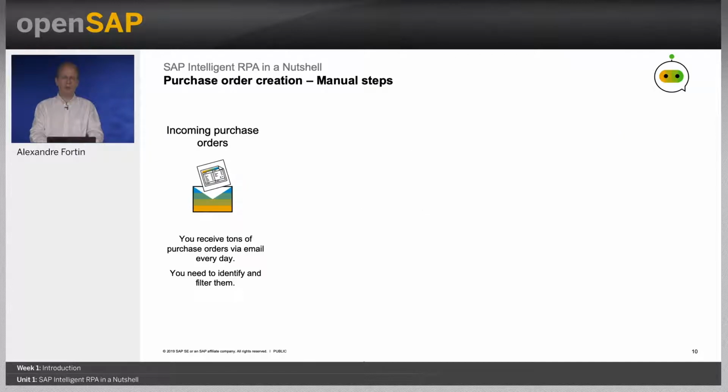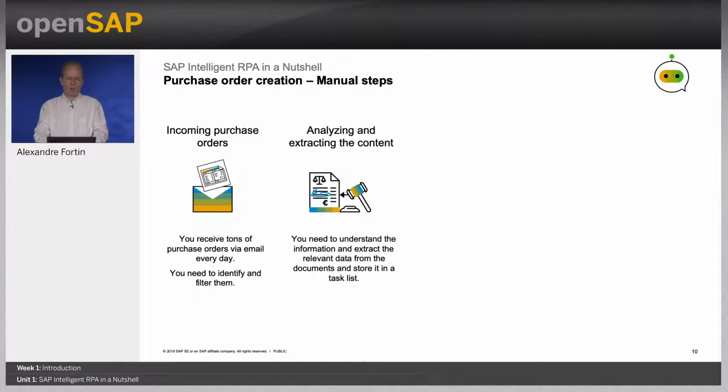Another example with the purchase order creation. The purchase department receives a purchase order through mail on a daily basis. A first filter is needed for various reasons. Once filtered, the teams need to identify the products, quantify the customers, and so on.